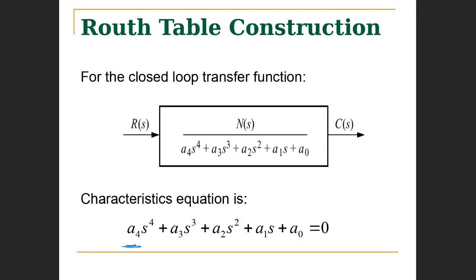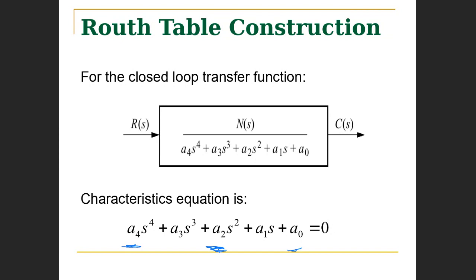So a4 would be the first element in the first row, and what we'll do is skip the next term. The next term is s to the 3. Good, so we skip that and go to s to the 2. So the next term is a2. And then we skip again and go to the next one.